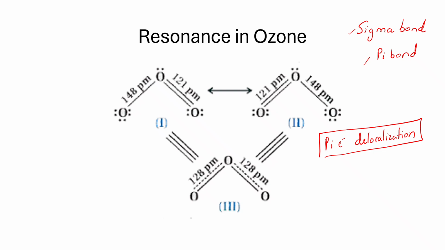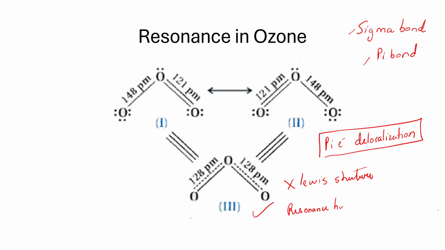Okay, so this is basically the real structure of ozone. But as you can clearly see, this is not a Lewis structure. The actual structure of a molecule that has resonance going on is called a resonance hybrid.